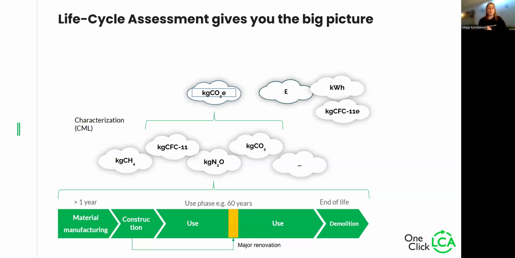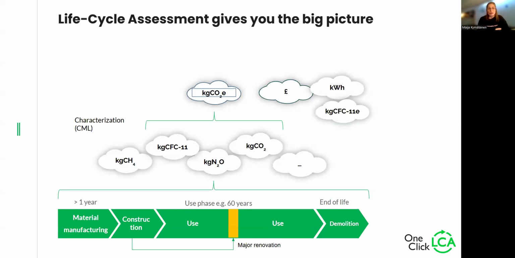And then we use a characterization factor, in this case from the IPCC, which is applied to convert the life cycle inventory results to a common unit of kilos of CO2 equivalent. And then we get the characterization of the impact category indicator, global warming potential, in the impact category of climate change.